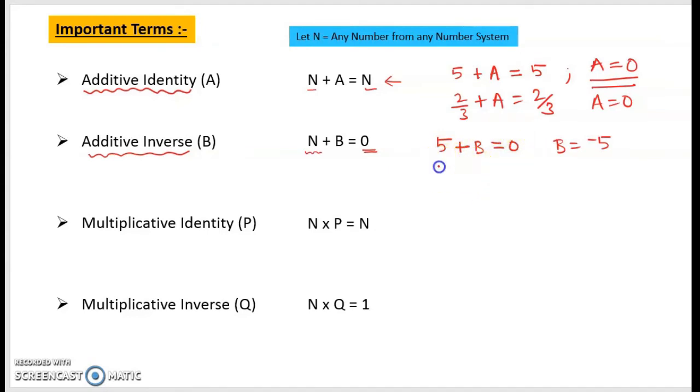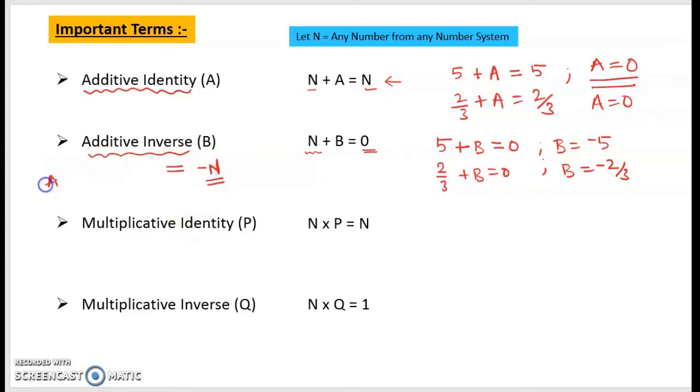For example, let's take 2 by 3 as the number n. So 2 by 3 plus b should be equal to 0. So therefore b has to be minus 2 by 3. So therefore it is very simple to understand that additive inverse of any number is always negative of that number.